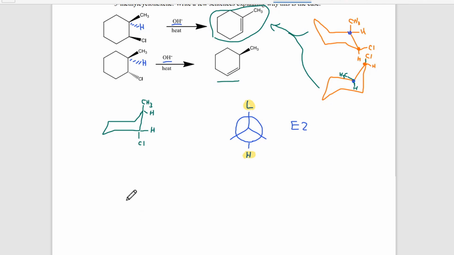I do also want to mention one more thing, and this is kind of evil, and I'm sorry. This is just the nature of the beast. But let's say, for example, you had a benzene ring here, okay? And let's say you had a chlorine leaving group here, okay?